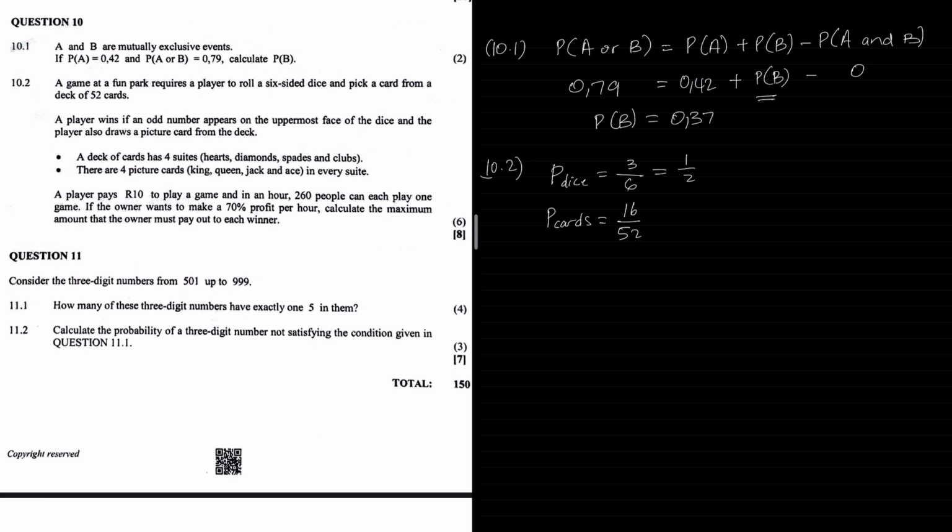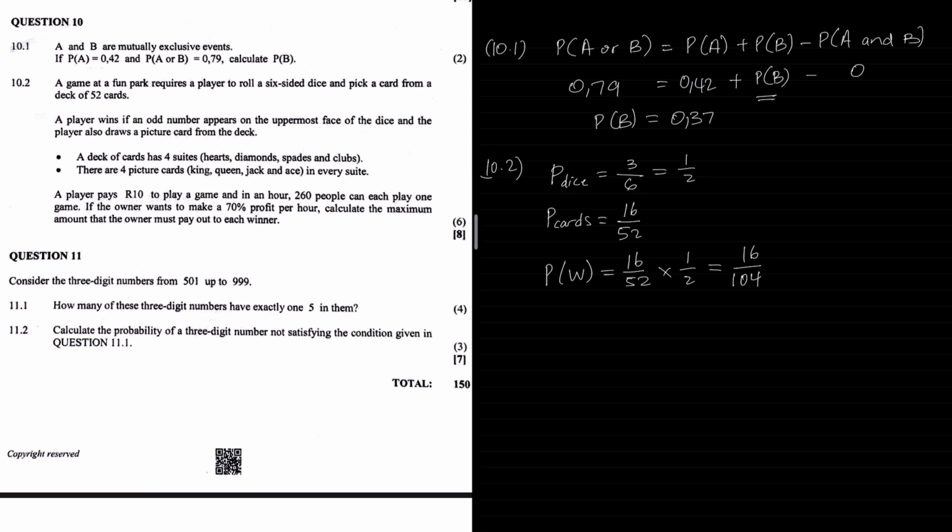Now the probability of both of these things happening for you to win, and remember, they're independent of each other, so the probability of you winning is going to be 16 over 52 times half. And that's giving you 16 over 104. So that's the probability of you winning.